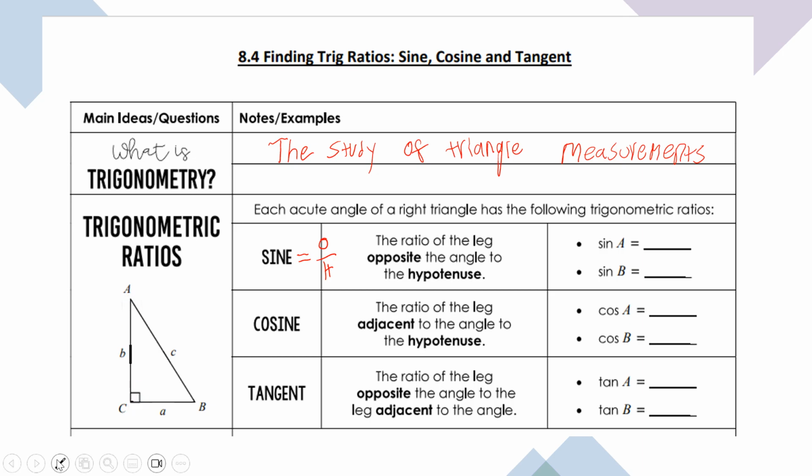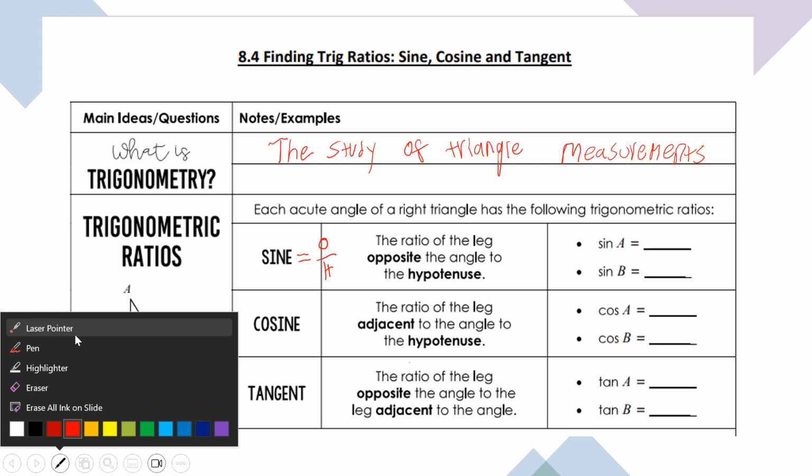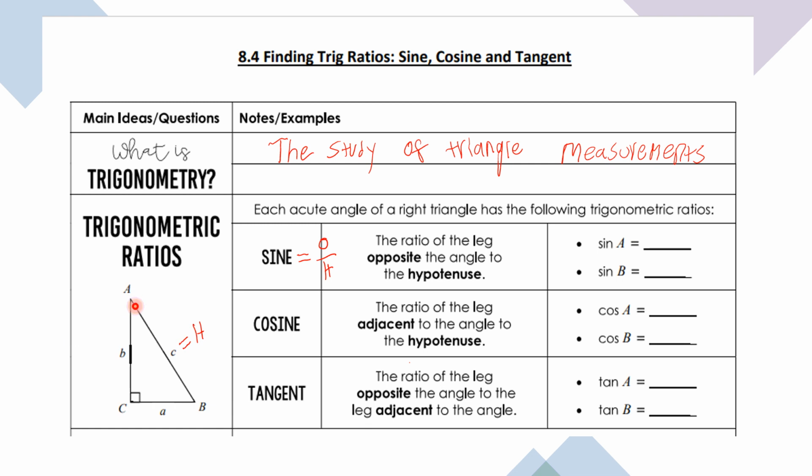So I guess firstly, let's label the hypotenuse because that's going to be unique to the triangle. And it doesn't matter which angle's perspective you're looking from. Right across from 90 degrees is our hypotenuse. Now, relative to A, angle A right here, little a is the opposite side. So a over c, opposite over hypotenuse.